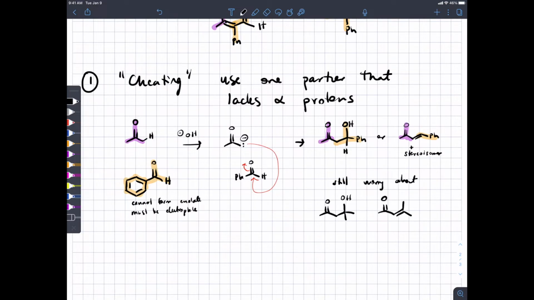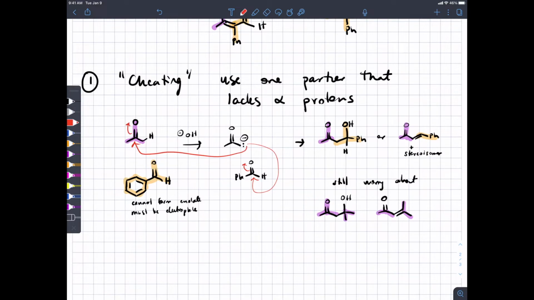You would get the doubly purple product from reaction of the enolate here with the carbonyl starting material.